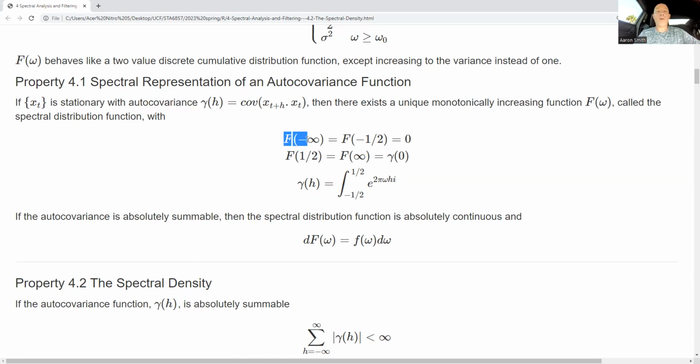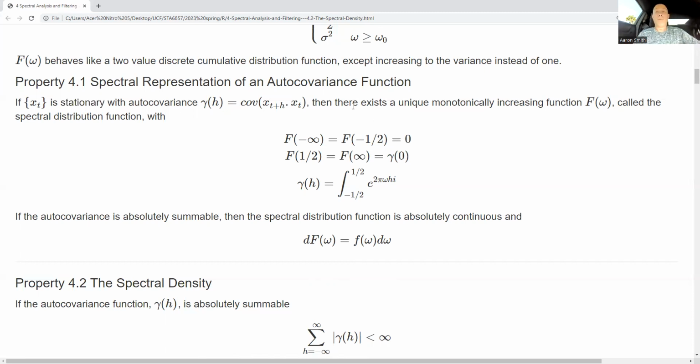First and foremost, F of negative infinity is equal to F of negative 1/2, which is equal to 0. F of 1/2 is equal to F of infinity, which is equal to gamma of 0, my autocovariance at 0 lag.